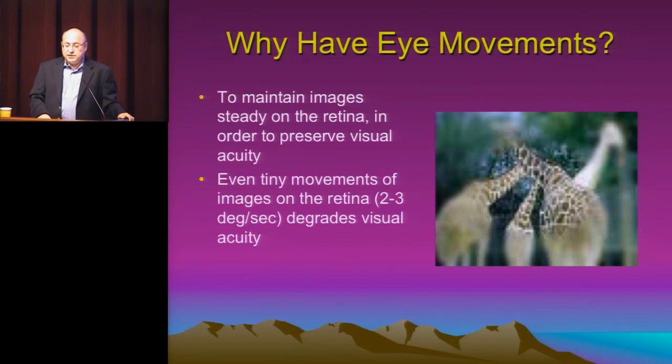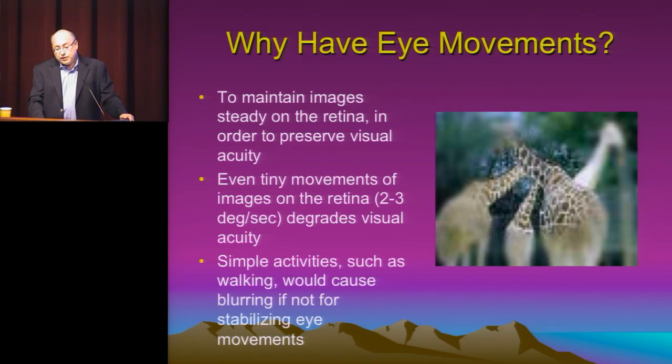So even tiny movements of images on the retina, 2 to 3 degrees per second, will degrade visual acuity. So we have to have very precise control of where our eyes are. And therefore, simple activities such as walking, which would make our eyes go up and down, would cause blurring if not for stabilizing eye movement, particularly in that situation, the vestibulo-ocular reflex.